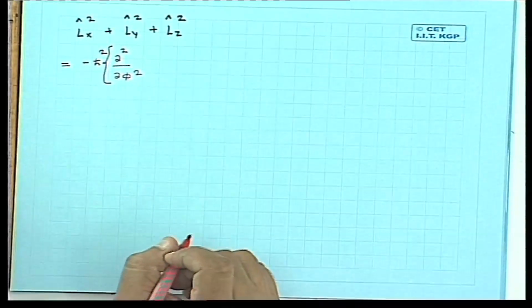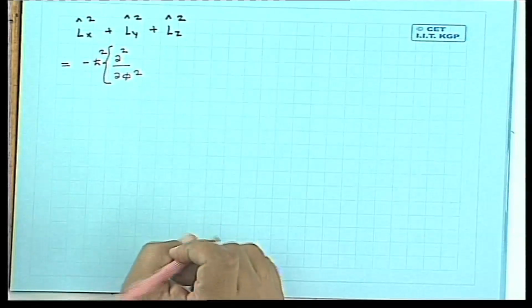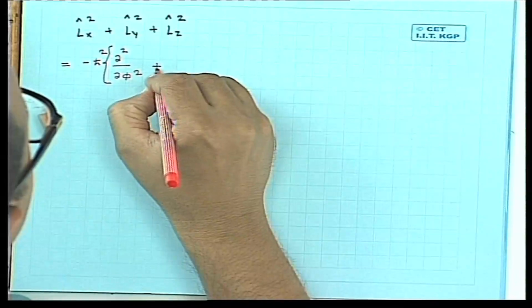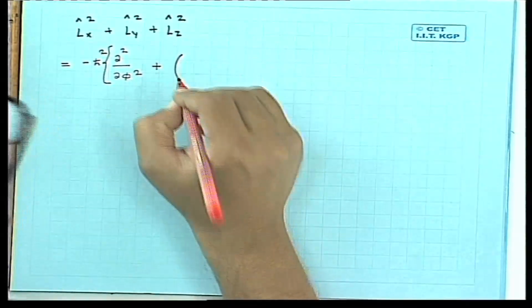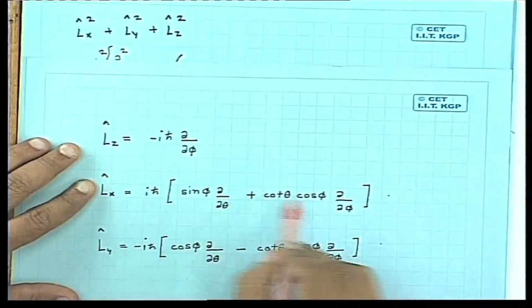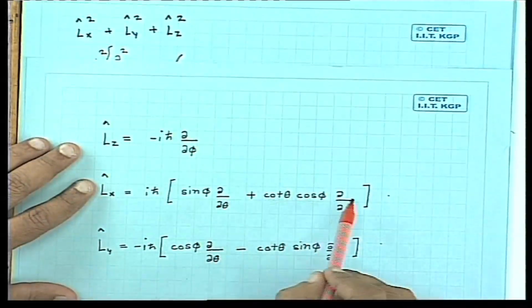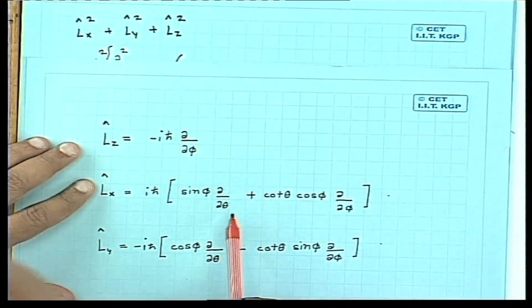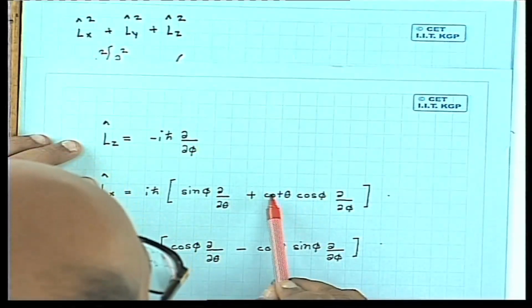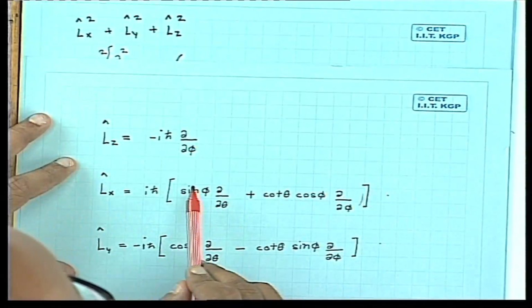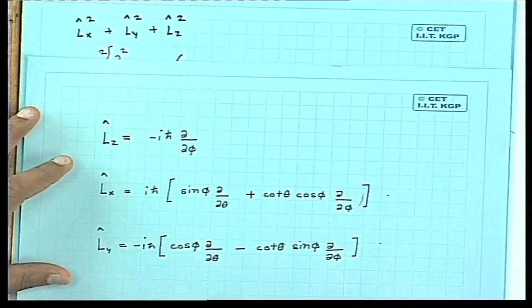So, the first term will be sin² φ into, so then I have plus, and I have to square this whole thing over here. You should remember that both of these are operators. So, when I square it, this operator here ∂/∂θ can act on this cot θ. Similarly, the ∂/∂φ over here can act on this sin φ. Okay.